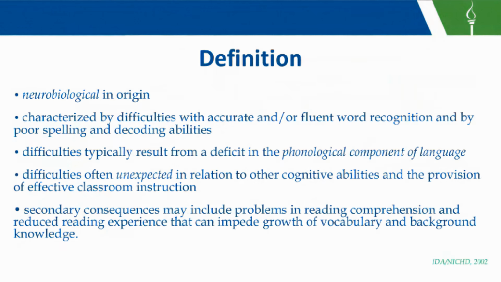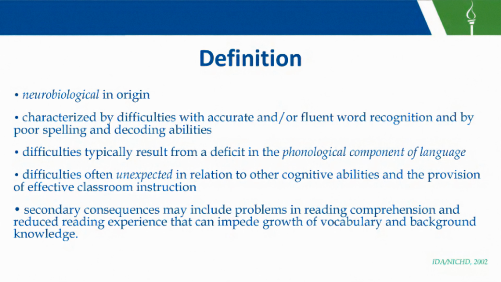Let's talk a little bit about the definition of dyslexia. It is neurobiological in origin, which means that it is embedded in the brain makeup in children and adults. It is characterized by difficulties with accurate and/or fluent word recognition and poor spelling and decoding abilities. This difficulty typically is the result of a deficit in the phonological component of language, which is the sound system beneath our print language.